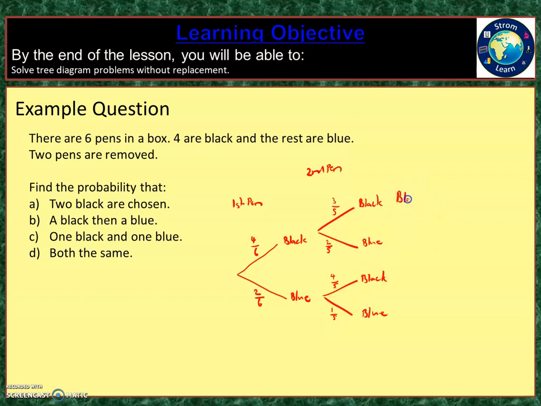Now what I'm going to do is at the end of each route through, I'm just going to record the options that are here. Now it's more handy if they are different letters. Maybe I should have done green and yellow, would have saved me having to write that whole word out each time. And like we did in the last video, we multiply when we look along the branches.